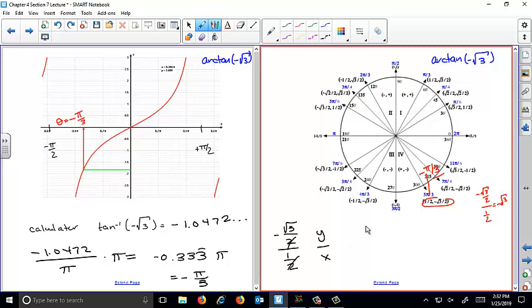And so what I look for is the coordinates 1/2 comma negative the square root of 3 over 2, and you can see right here it is. And so the answer is, it says 30 degrees, but again, we're taking the angle relative to the positive x-axis, so it's not positive 5 pi over 3, it's negative pi over 3.